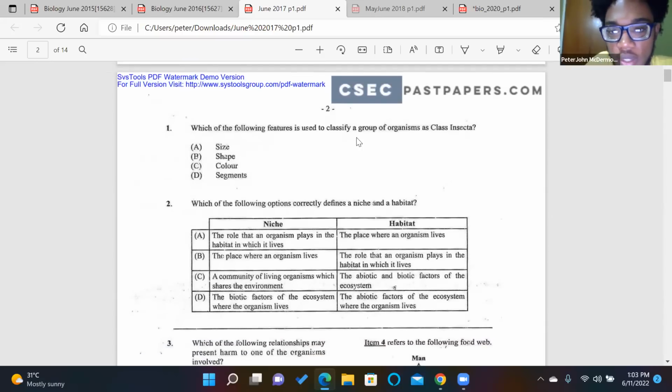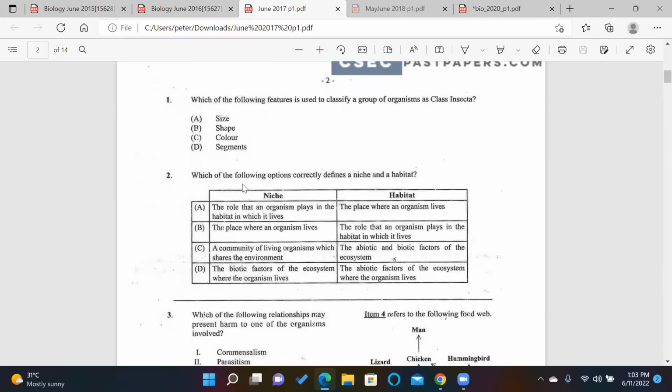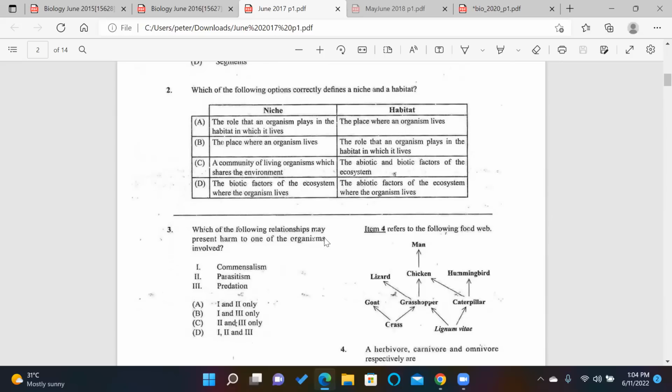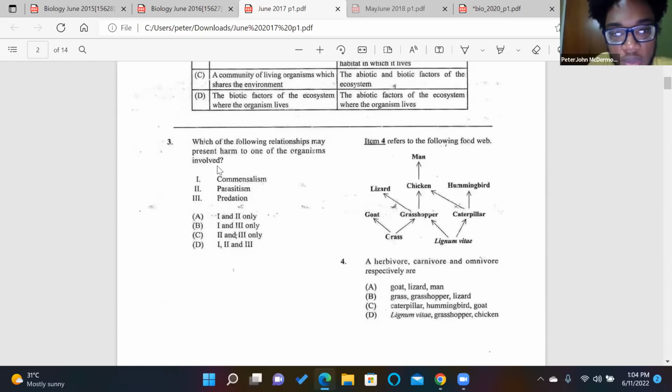Which of the following features is used to classify a group as insecta? Segments. Yeah, let's move quickly. Which of the following options correctly describes a niche and a habitat? A. Correct. Which of the following relationships may present harm to one of the organisms involved?